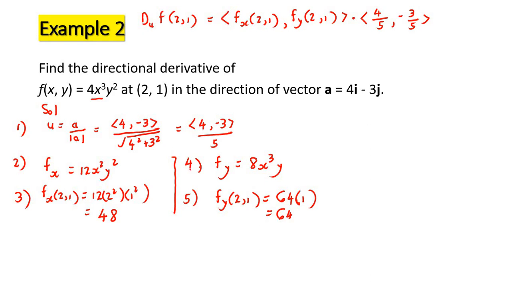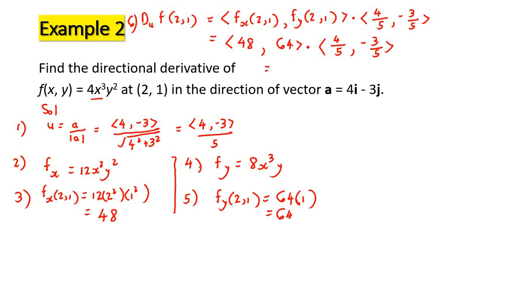Hence, the directional derivative at the point (2,1) will be f_x(2,1), which is 48, so 48i, plus f_y(2,1), which is 64, so 64j, dotted with the unit vector, which is a divided by the magnitude of a, 5. So we get 4 over 5 i minus 3 over 5 j.